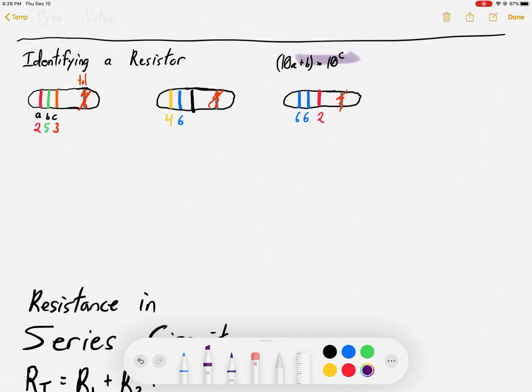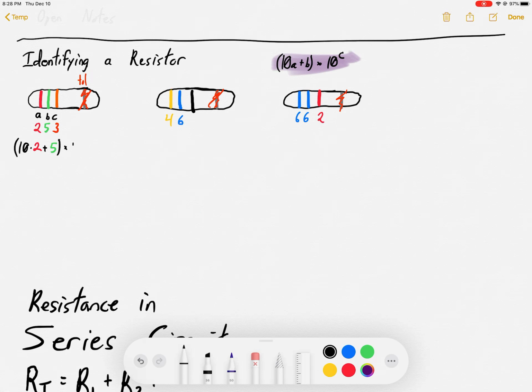So this is, sorry about that. Okay, this is 10 times 2 plus 5, and this is a group, so I'm going to put it in parentheses.